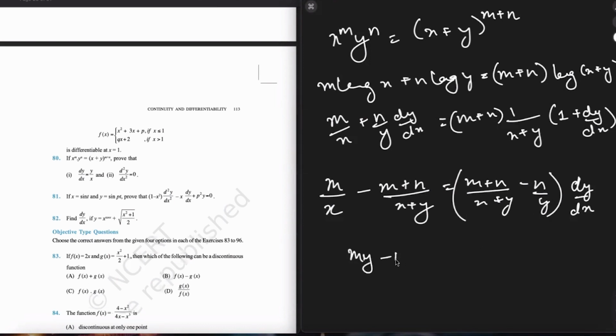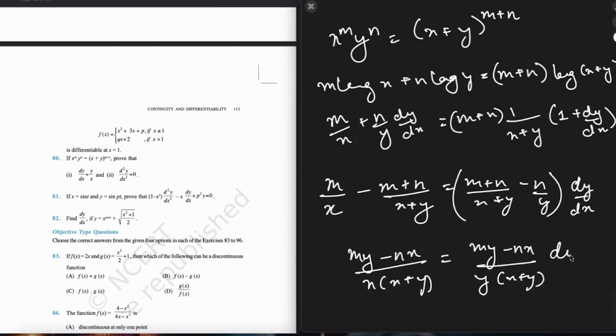So (my minus nx) all divided by x plus y is equal to (my minus nx) upon y(x plus y) dy by dx. Then dy by dx is equal to y by x. This proves the first part.